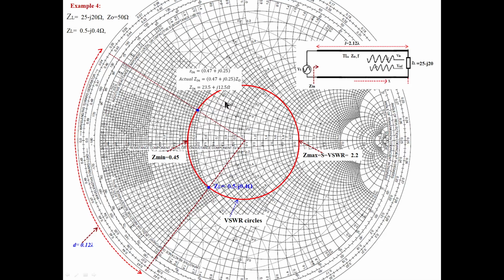For this position, take this problem and do it on your Smith chart, and you will get approximately this value. Not exactly, because I am doing it on the system, not on the hard copy. So approximately it is this value, and multiply that by Z0. We will be getting the input impedance at this position.